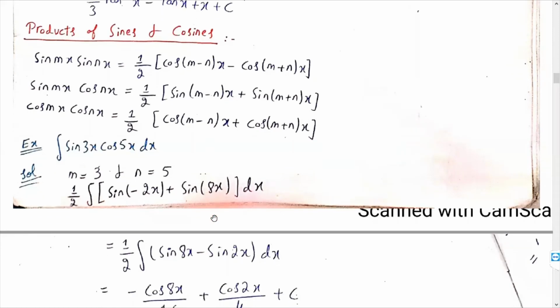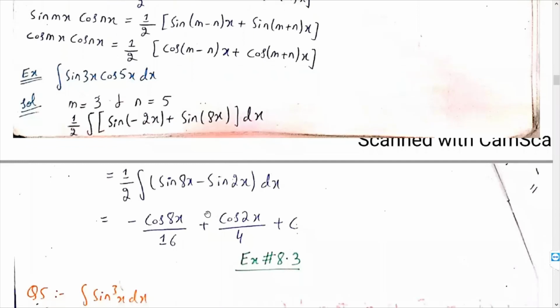Now, we'll integrate sine of 8x and sine of 2x. The integral of sine of 8x is minus cos of 8x by 8. 8 is multiplied with 2, so we get minus cos of 8x divided by 16 plus cos of 2x divided by 4 plus some constant of integration. So in this manner, we can integrate the expression which is basically the product of two trigonometric functions, sine and cos, having two different arguments.